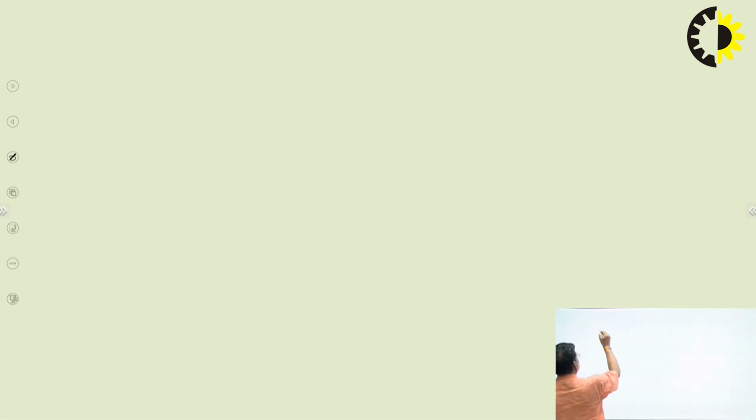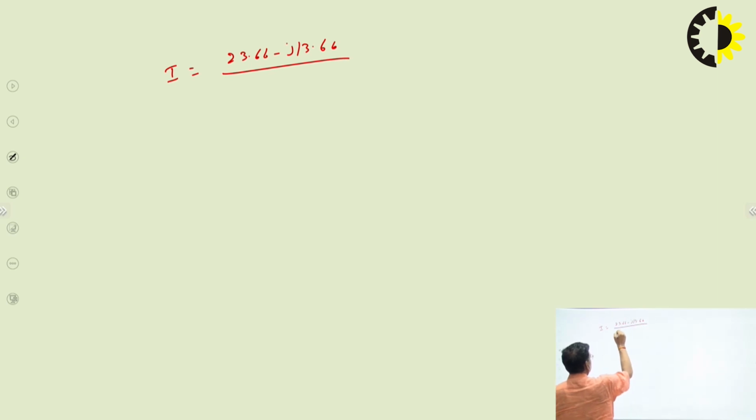So straight away we can write the current I is equal to 23.66 minus J13.66 divided by 1 plus 1 plus J2.